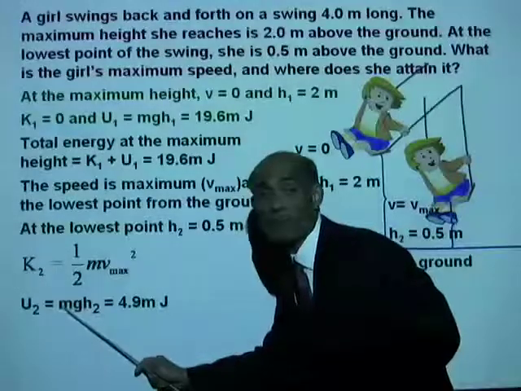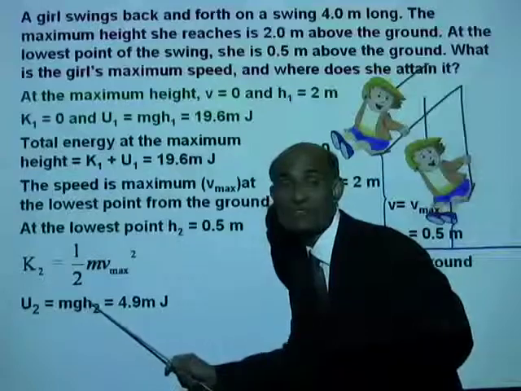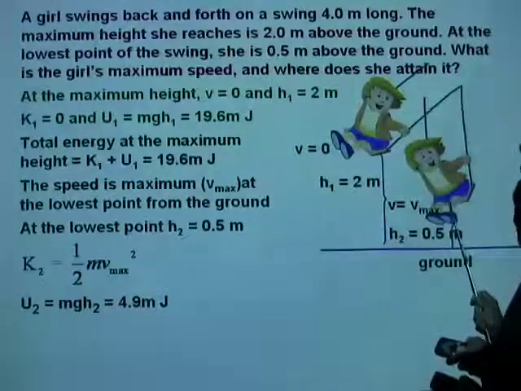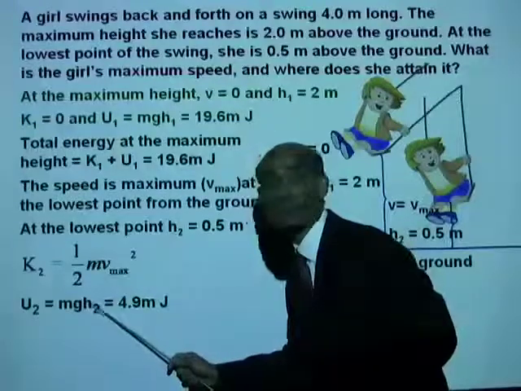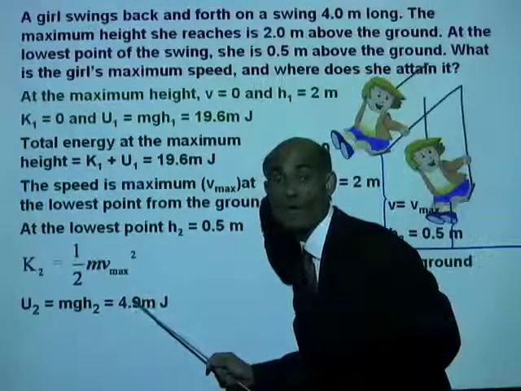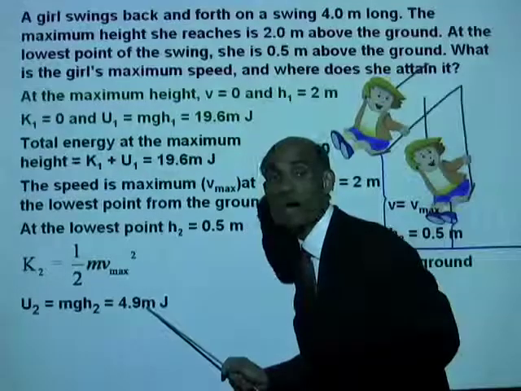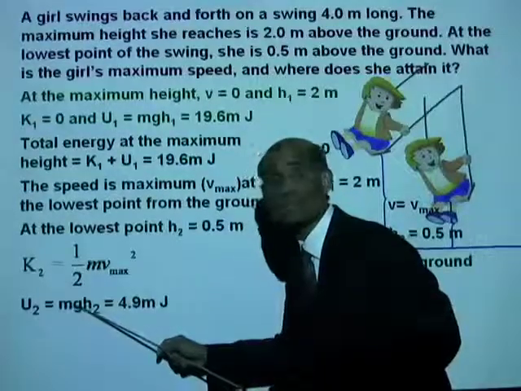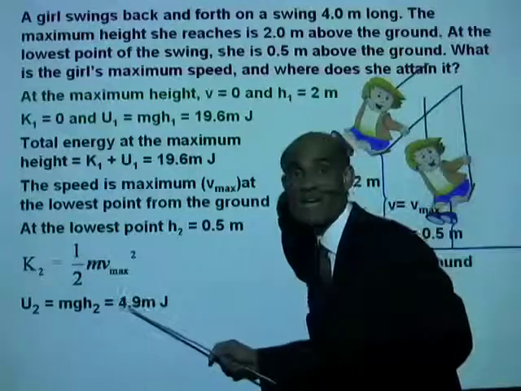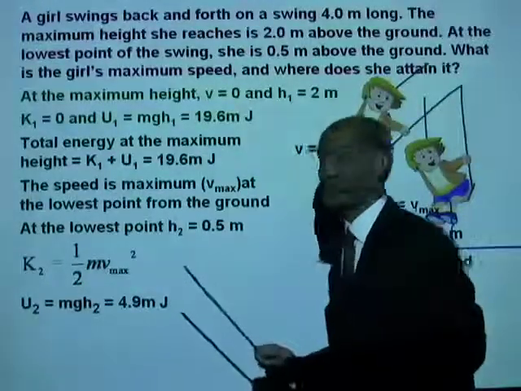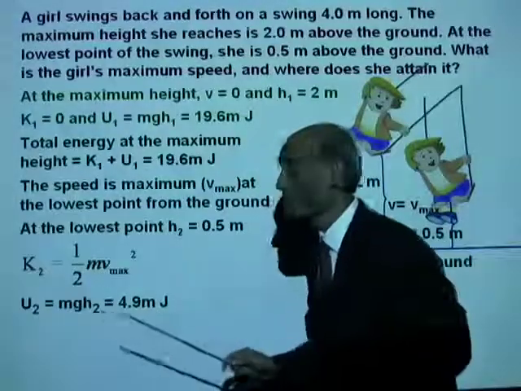Now we don't know m, so we leave it like this. G is 9.8, h2 is 0.5 meter, so 9.8 times 0.5 is 4.9. So m g h2 is m times 9.8 times 0.5, that is 4.9 m joules. That is the potential energy at that point.